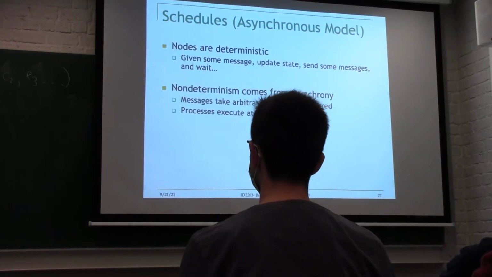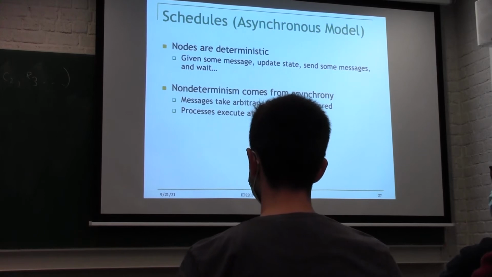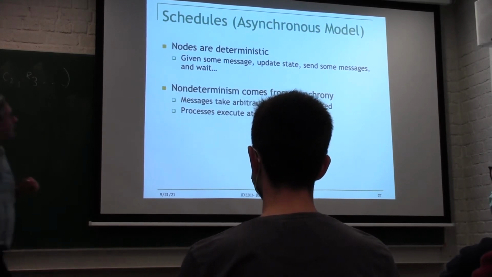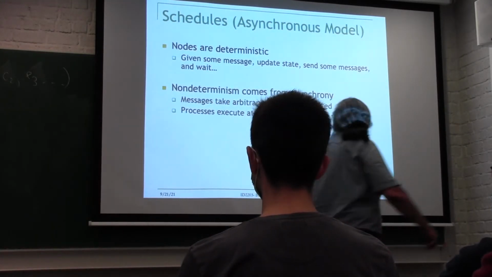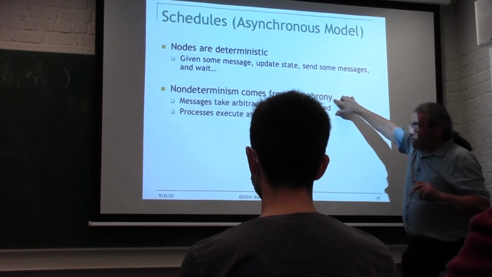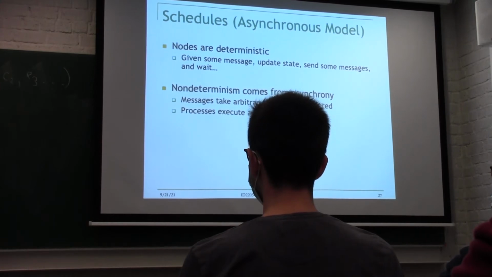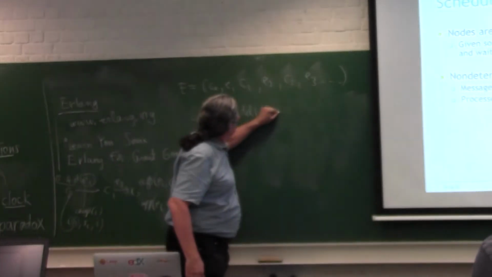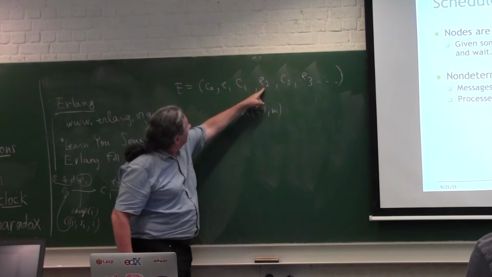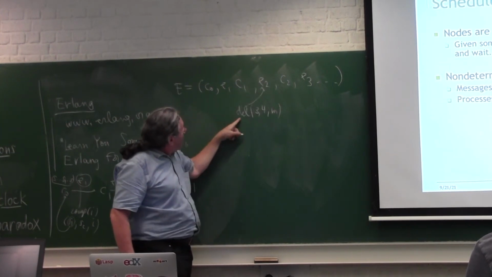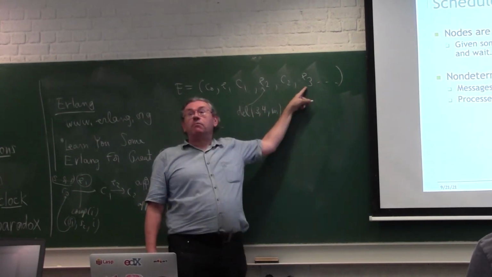the messages, the del events, are actually non-deterministic. So this is the asynchrony. That means if there's a del 3, 4, m, for example, I put it here, but I don't have to do it there. Maybe I do it later.